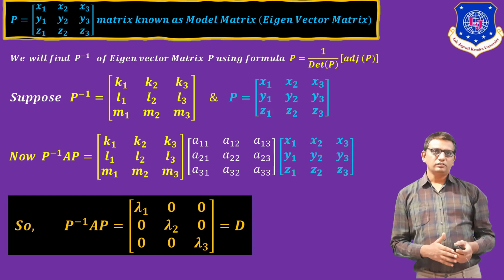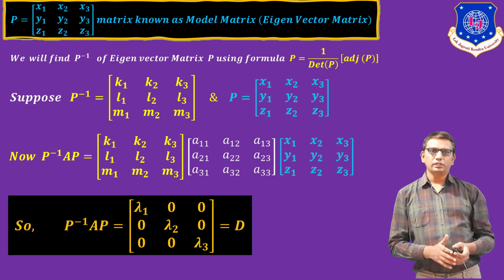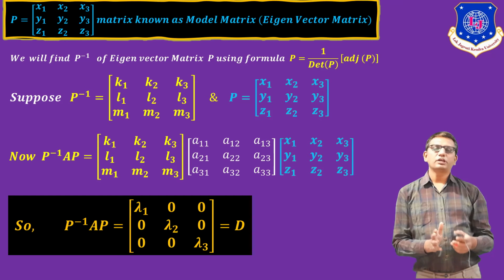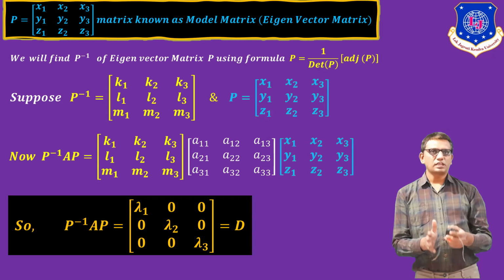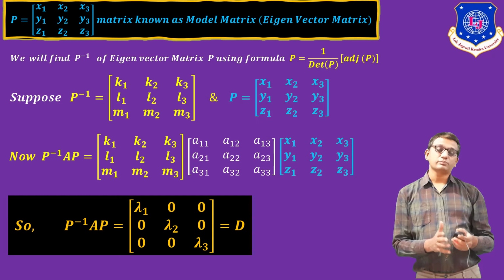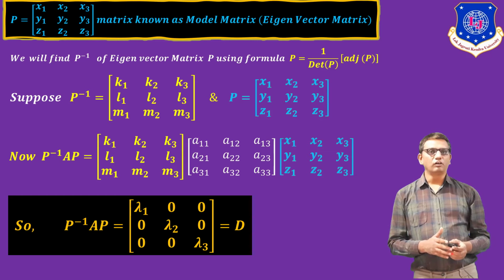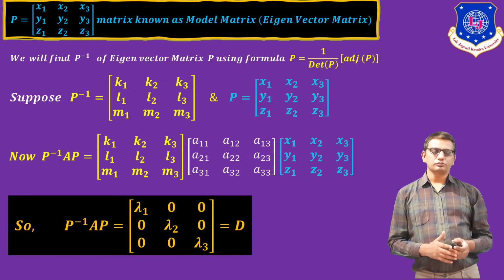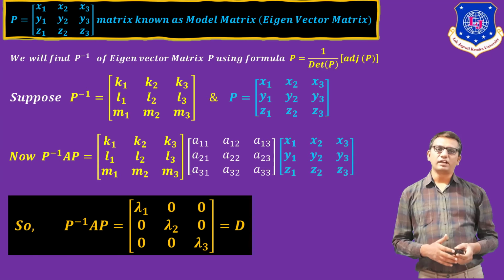Here, remember that we take u1 in the first column, so our first entry in the first row is lambda 1. If we interchange the order of the eigenvectors, then at the last stage, after multiplying P inverse AP, the order of the eigenvalues in the diagonalization may change. So that is the concept of diagonalization of a 3 cross 3 matrix, and it is always similar for every square n cross n matrix.